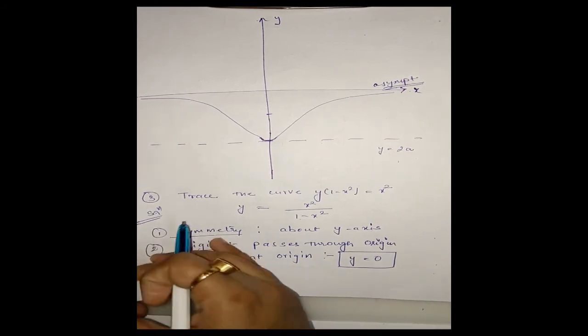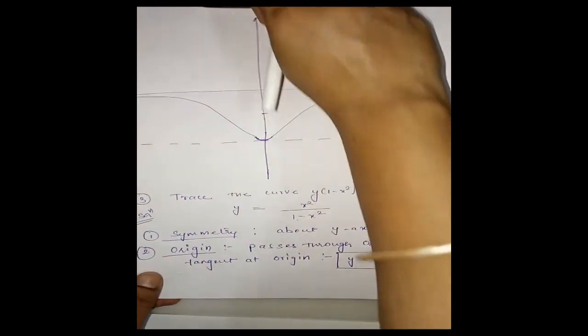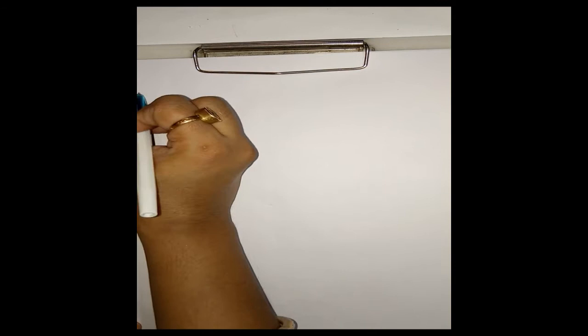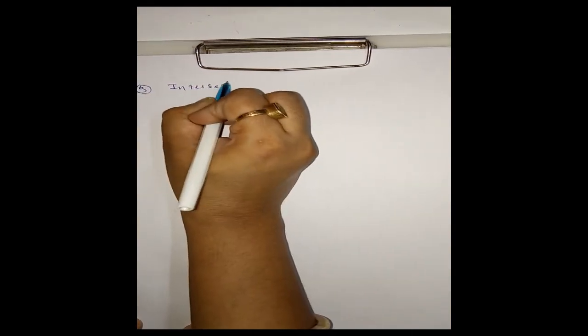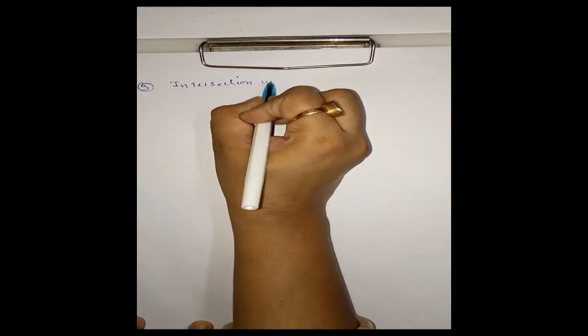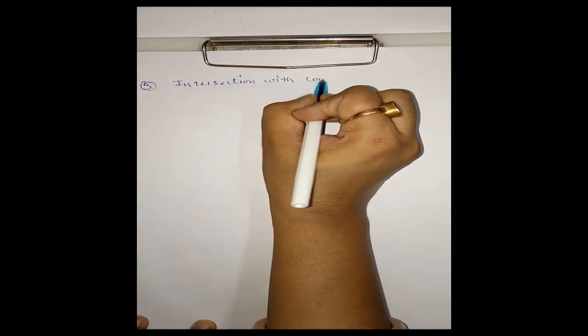Next, we have to find the intersection with the coordinate axis. Third step is intersection with the coordinate axis.